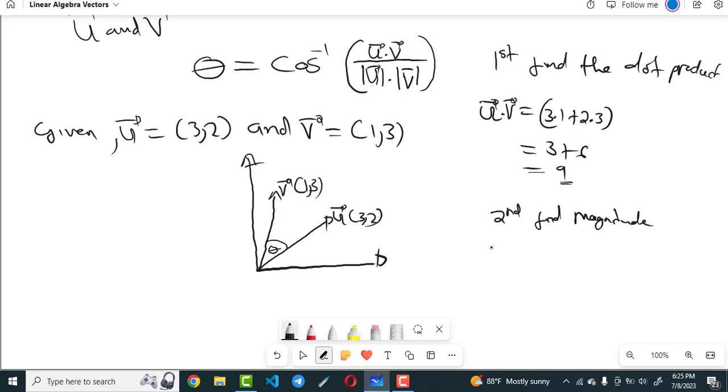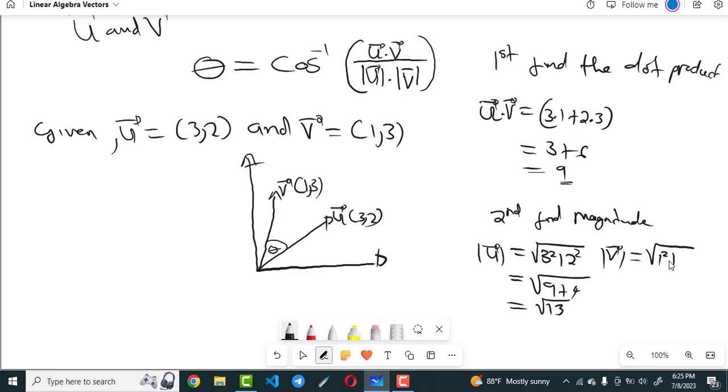Let us start by finding the magnitude of position vector u, which is the square root of 3 squared plus 2 squared, which gives us the square root of 9 plus 4, so the square root of 13. The same applies to the magnitude of position vector v, which is the square root of 1 squared plus 3 squared, the square root of 1 plus 9, which gives us the square root of 10.